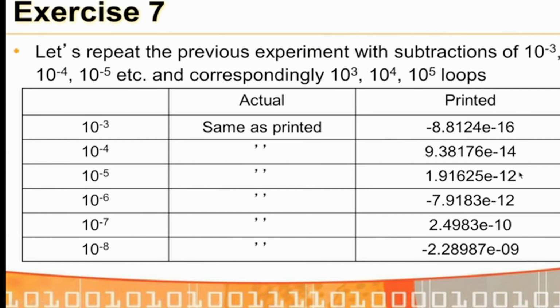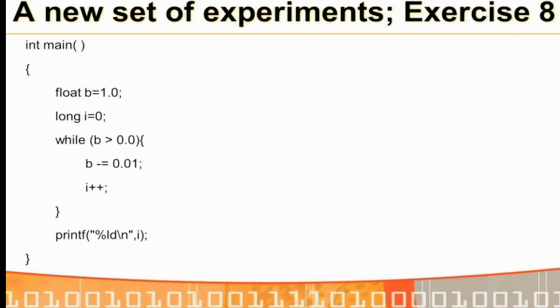Again, as I keep decrementing, as I become more and more accurate in my computation, my error actually increases exponentially. This is 10 power minus 16, this is 100 times that, this is again 100 times that, and then 100 times and then 10 times. So you see some exponential growth here.